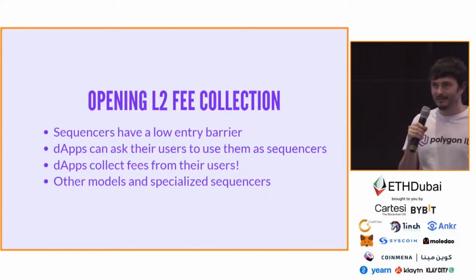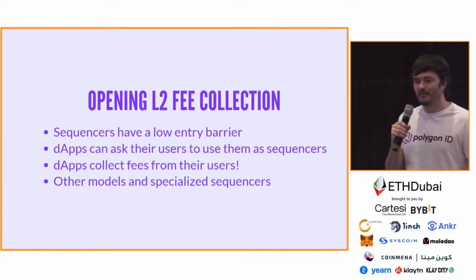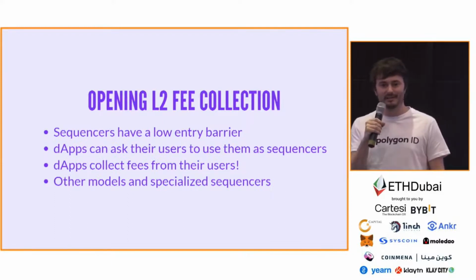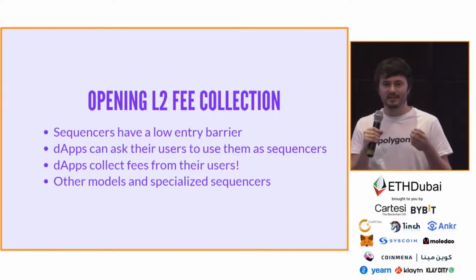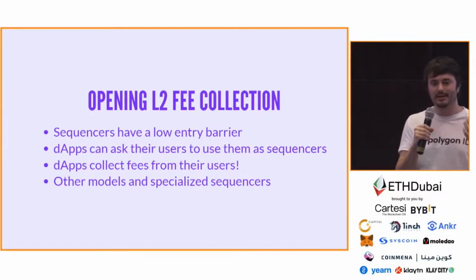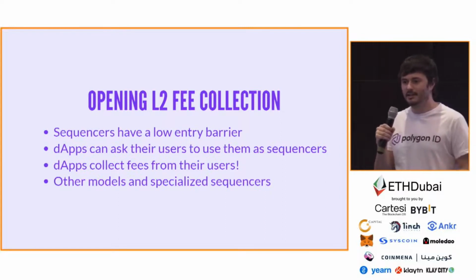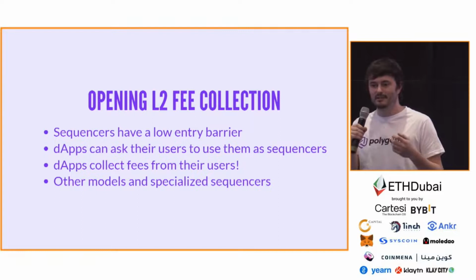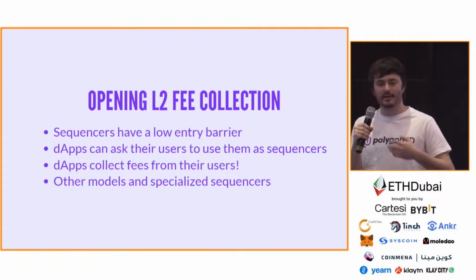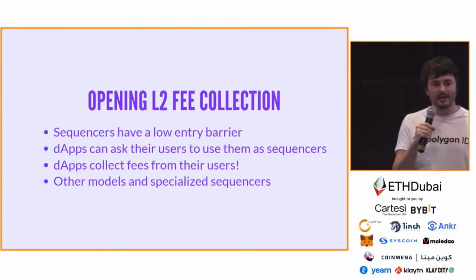And this is probably the most basic use case that we can think of. But then things could get more complicated and more interesting. For instance, imagine you have an NFT marketplace that already has great revenues by taking a cut of the sales. And so this dApp could say, okay, I already have money, and now I'm able to make transactions free for my users.